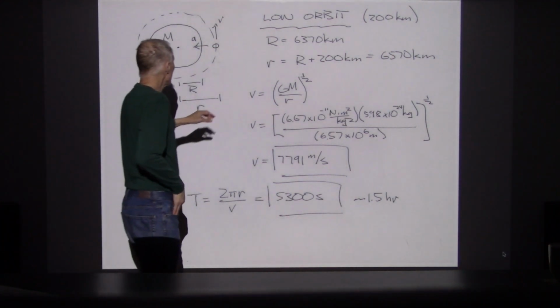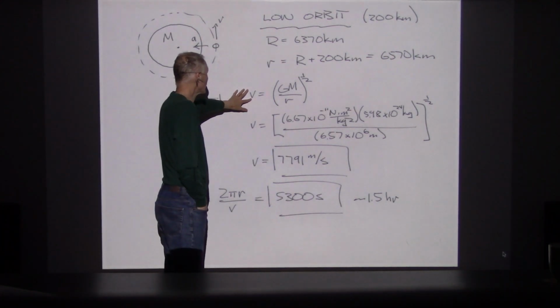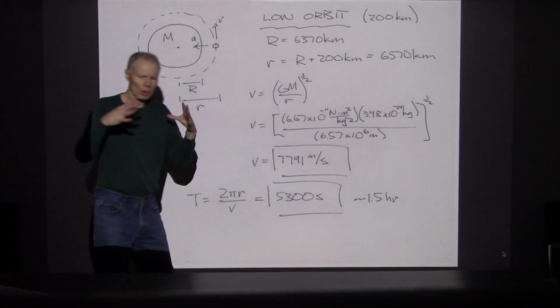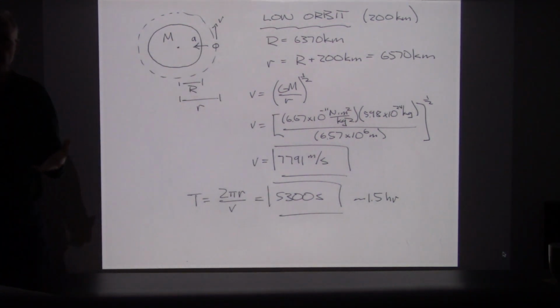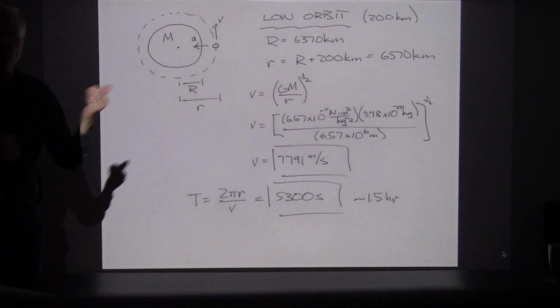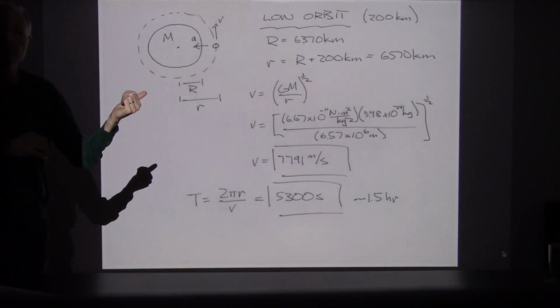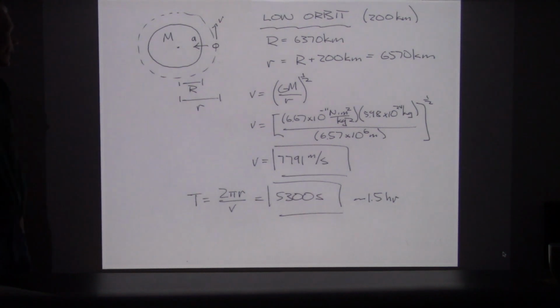For this, we can plug into our velocity formula that we derived. The lowest orbits that are possible, due to the presence of Earth's atmosphere, we can't get much lower than this and have a stable orbit. Those orbits would be the very fastest that are possible, and you would need to be traveling 7791 meters per second.